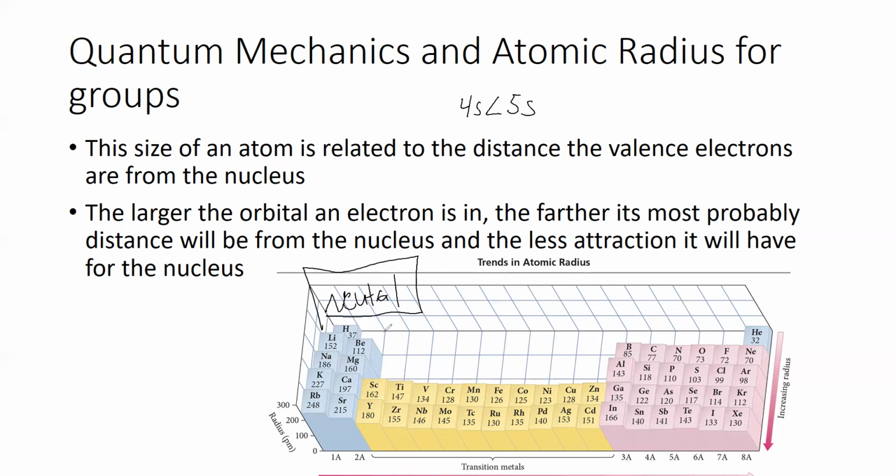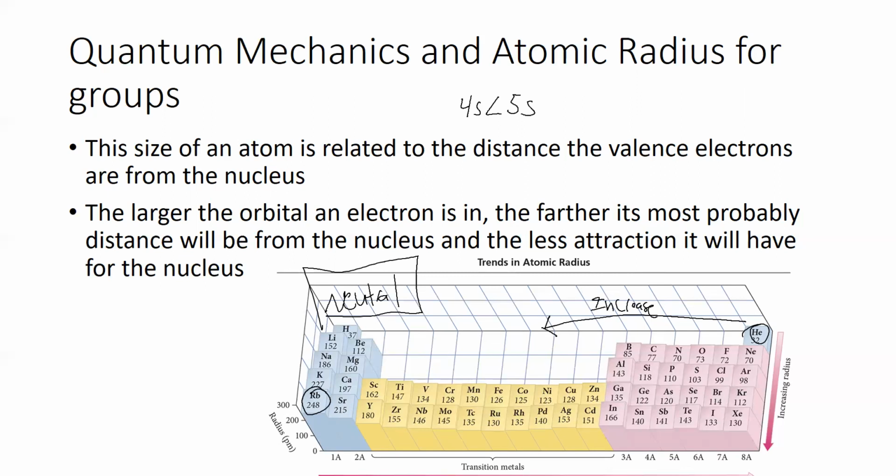Generally, as you go top to bottom, you get bigger. And I don't know why this slide has it reversed, but as you go from right to left, you increase as well. So your biggest element is rubidium, and your smallest is helium.